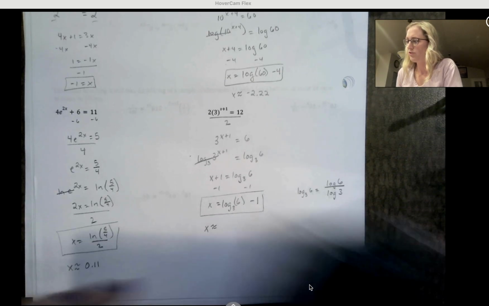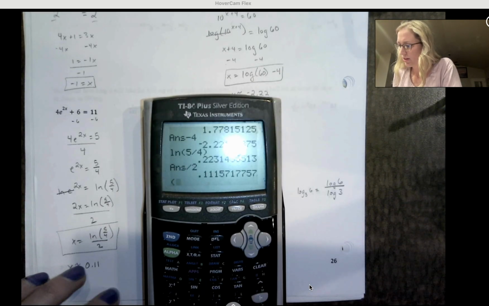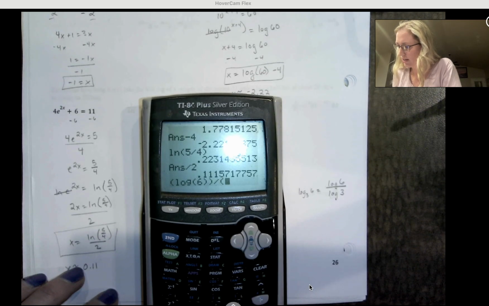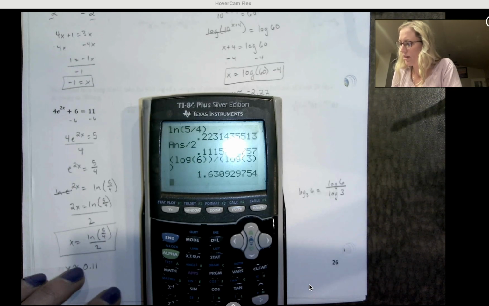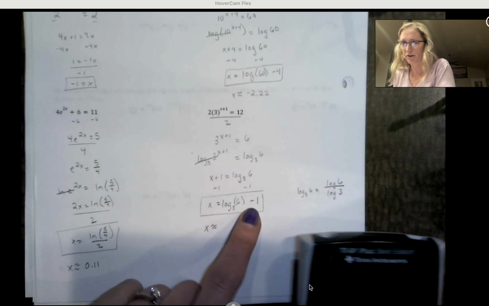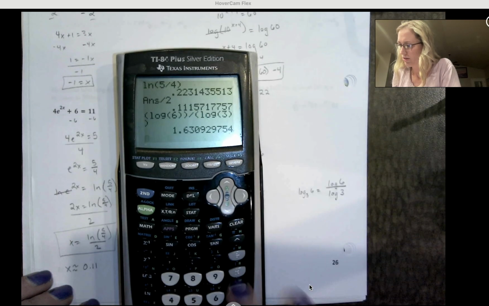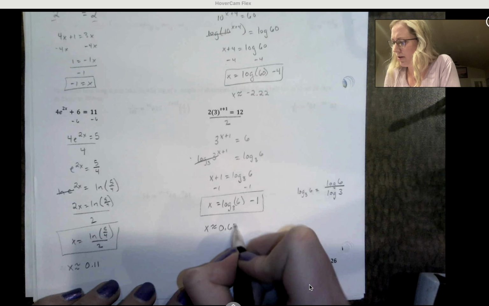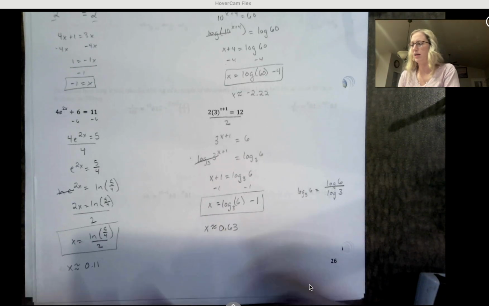So we've got log of 6 divided by log of 3, and then we're going to subtract 1. So minus 1, about 0.63. Okay, so there's my exact, there's my approximation.